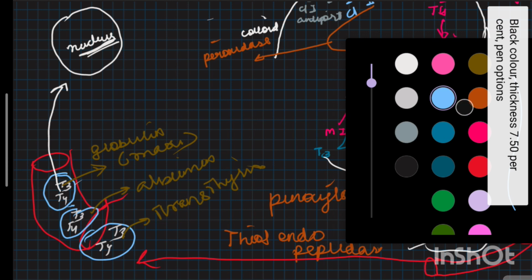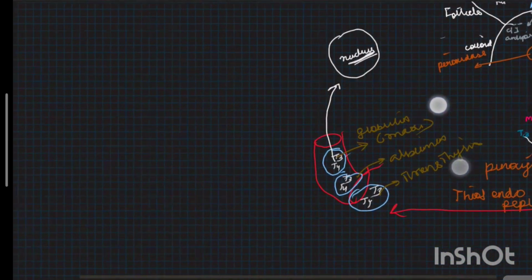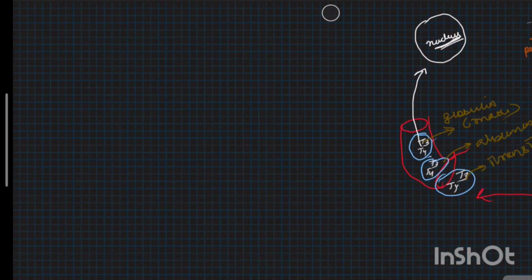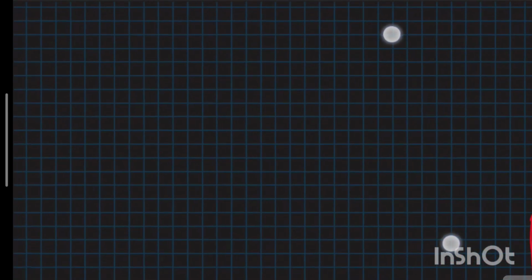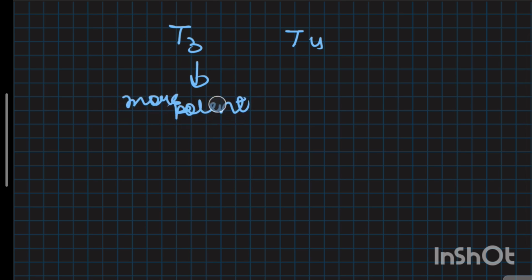Okay, so we have seen the physiology of thyroid, but it's important for us to see the difference between T3 and T4. Now T3 is more potent, more active, fast action.